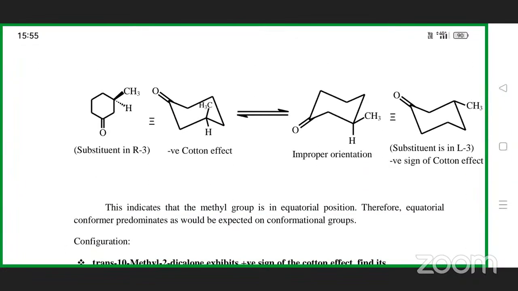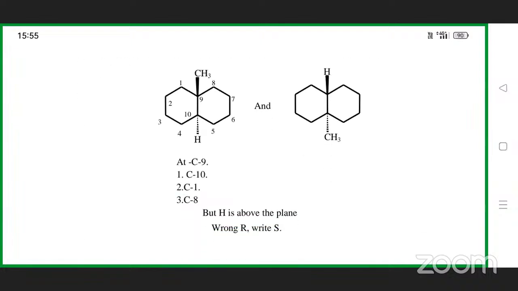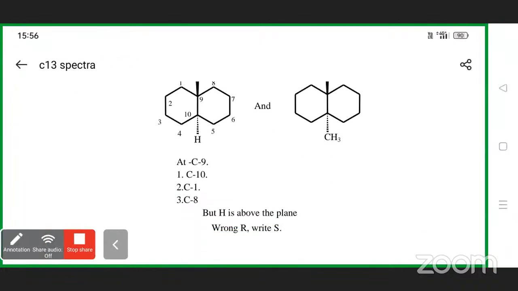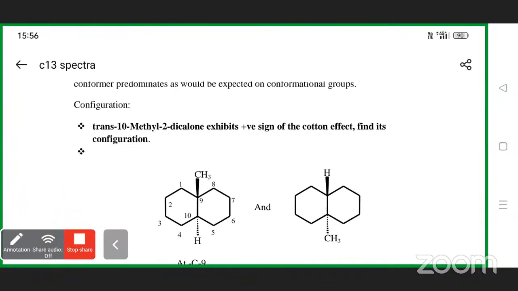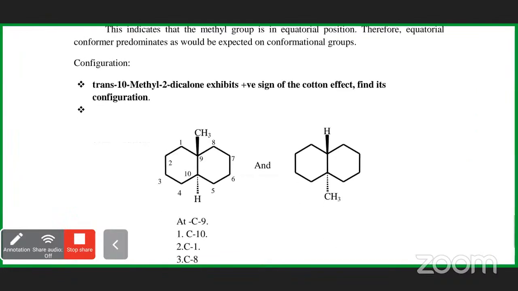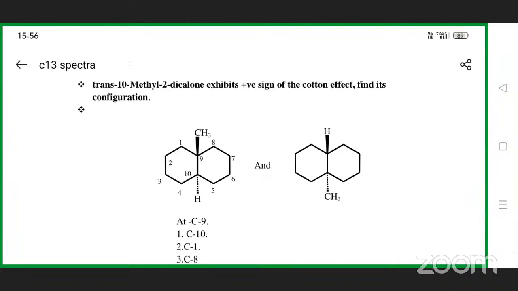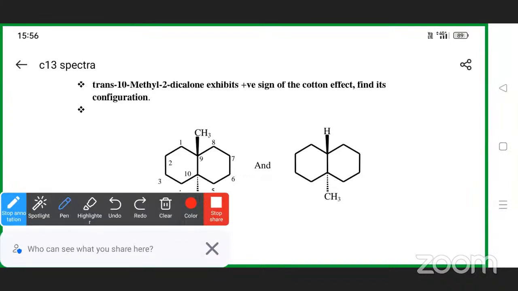So here, in trans-10-methyl-2-decalone, you see it is exhibiting the positive sign of the octant, so the Cotton effect.